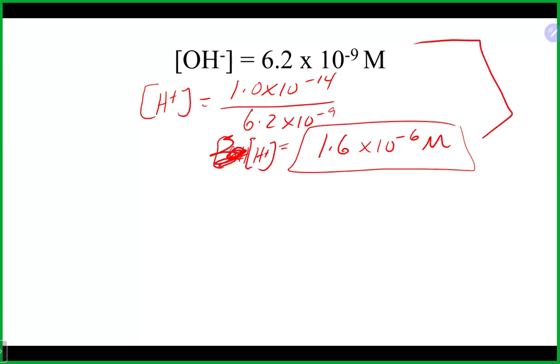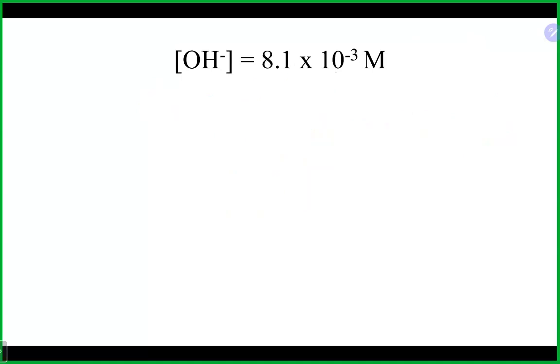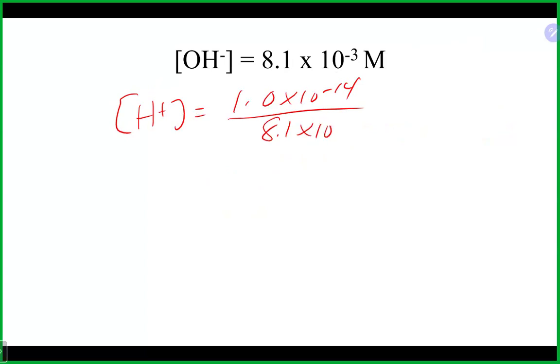And we're going to compare these two. And once again, we do see in this case here, it looks like our H plus is larger than our OH minus. And that's going to tell us it is acidic in this particular case. Lastly, here on this one, once again, given an OH minus concentration. So solving for our H plus, 1 times 10 to the minus 14 divided by 8.1 times 10 to the minus 3.